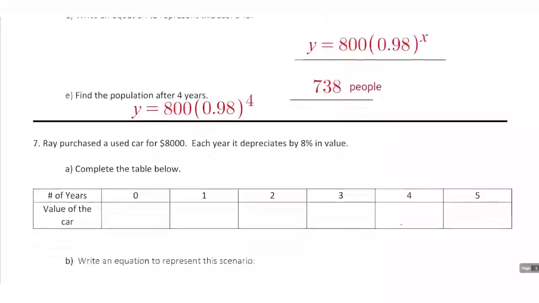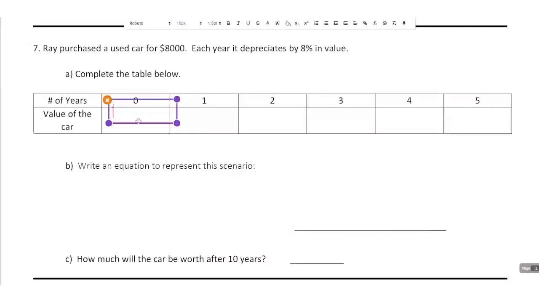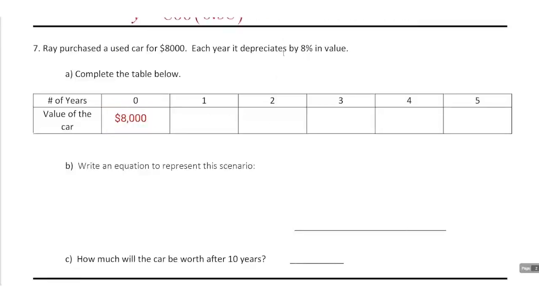Number 7, Ray purchased a used car for $8,000. Each year it depreciates by 8% in value. So after 0 years, when he first purchases the car, it's going to be $8,000. Then it depreciates by 8% in value. So we need to find what is 92% of this so that we can subtract the 8%.